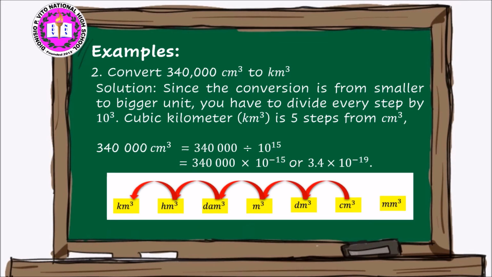Then we have 340,000 cubic centimeter is equal to 340,000 divided by 10 raised to 15, because 5 times 3 is equal to 15. Then we have 340,000 times 10 raised to negative 15, or 3.4 times 10 raised to negative 10, because if we move our decimal, it will be 3.4 times 10 raised to negative 10.